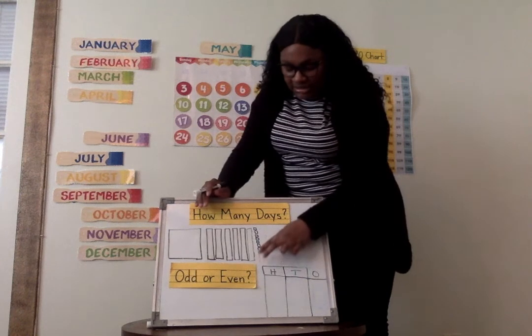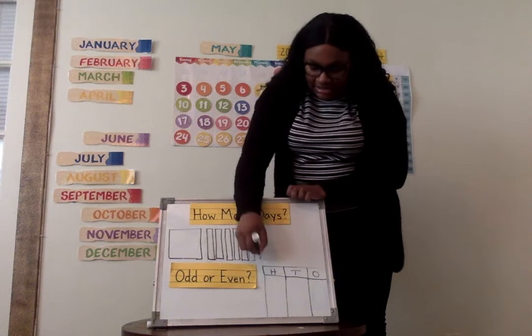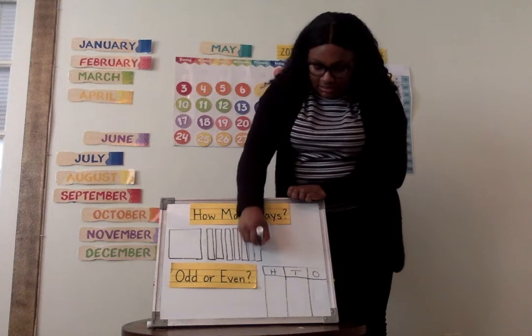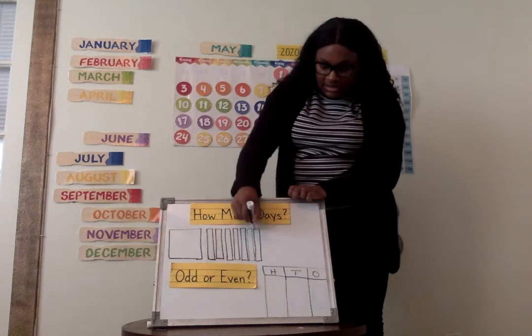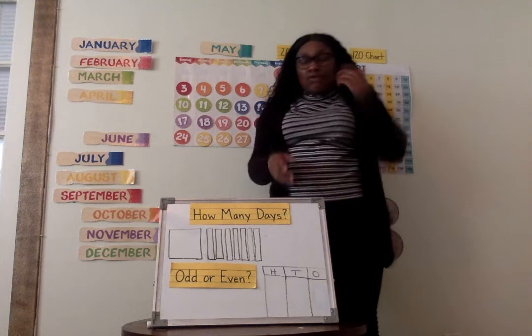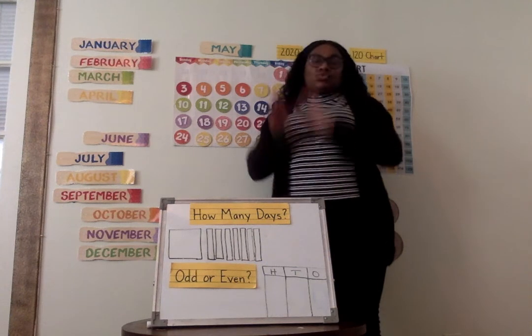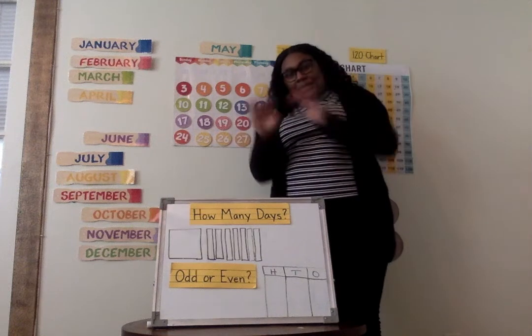So I'm going to erase these 10 ones and replace it with a 10 stick. So great. Now let's recount to see how many days we've been in school now. Get ready. 100. Stop.